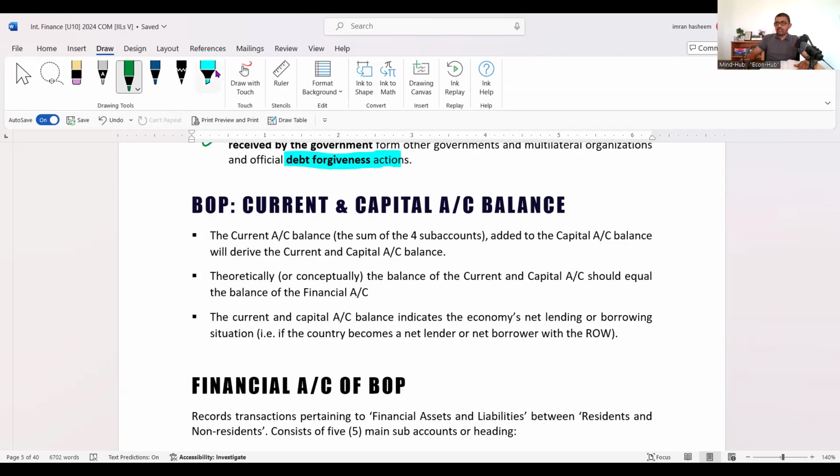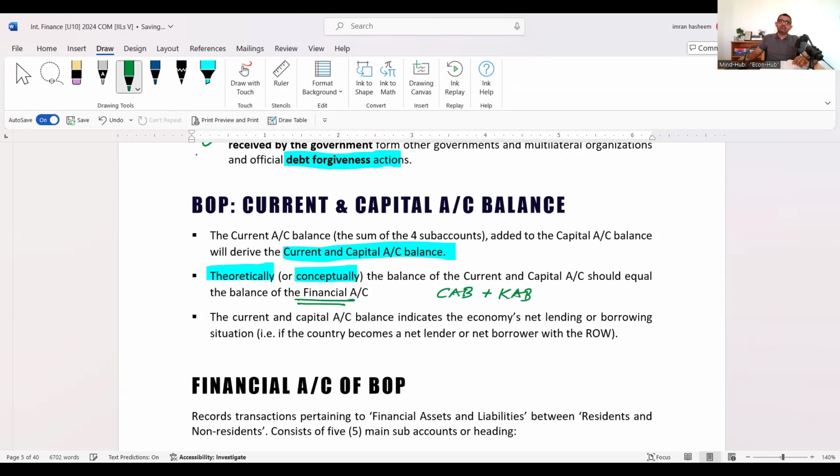So we get something called the current and capital account balance. Theoretically, it's important. Conceptually, practically it doesn't happen. Theoretically, the balance of the current and capital account should equal the financial account. Get it? So if I say something like this, CAB, current account balance, plus KAB.